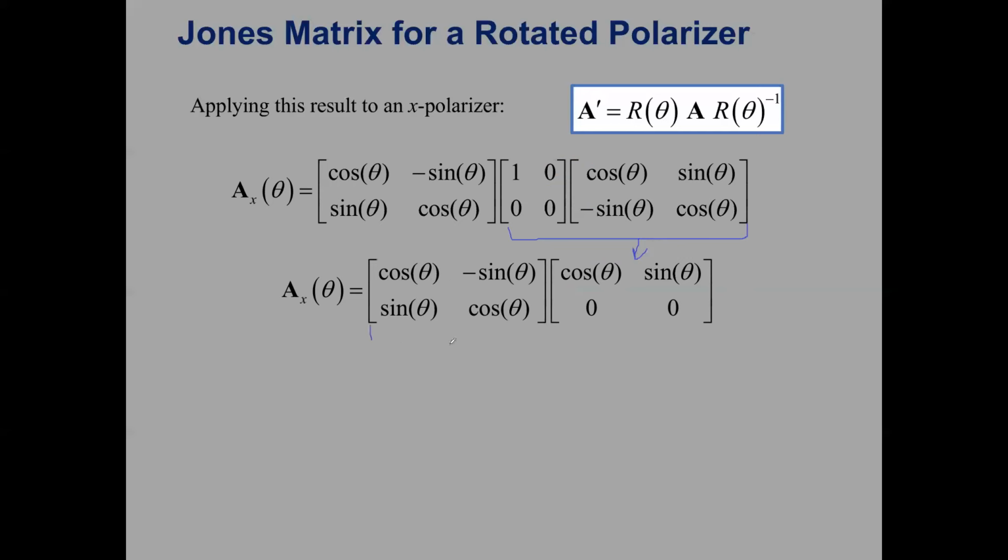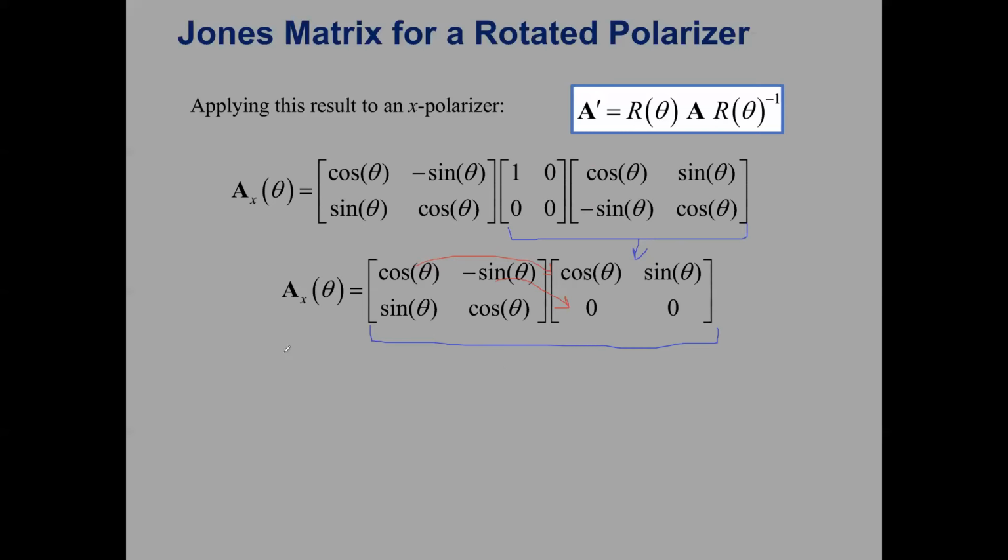Then we have to multiply these two together. You should see that multiplying through, for the first term, we're going to have a cosine squared minus 0. For the second term, we're going to have cosine times sine minus 0, and sine times cosine minus 0.